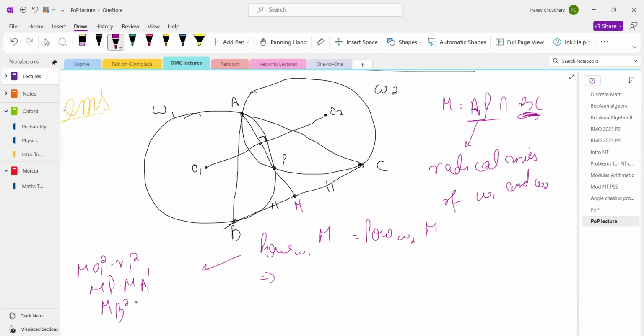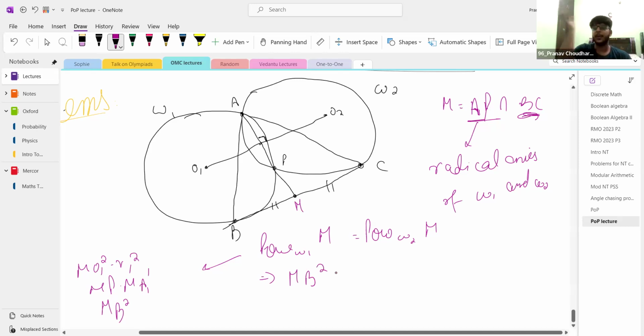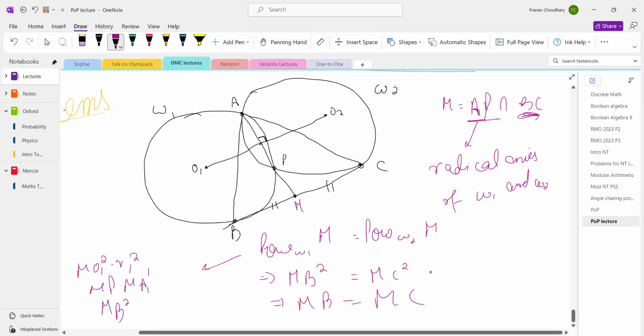What do you have to prove? Oh, we can just do MB squared equals MC squared. Yes. You just have to prove M is the midpoint of BC. That's the question, right? So we can directly take the lengths involving B and C. That gives you MB equals MC.